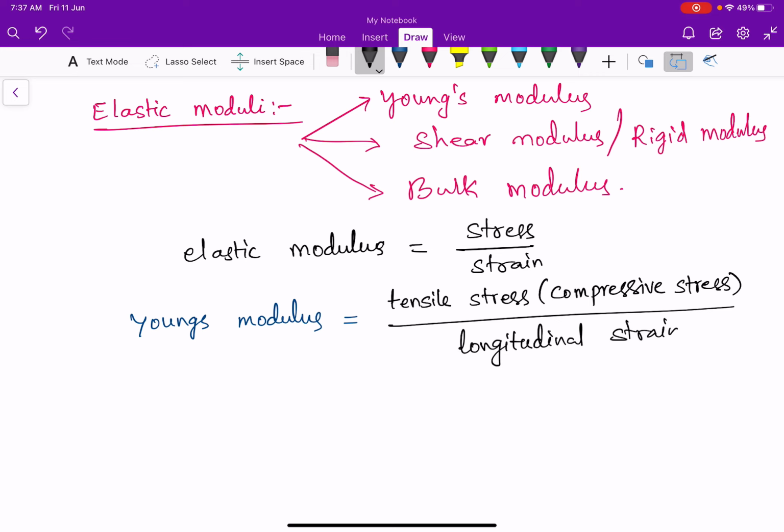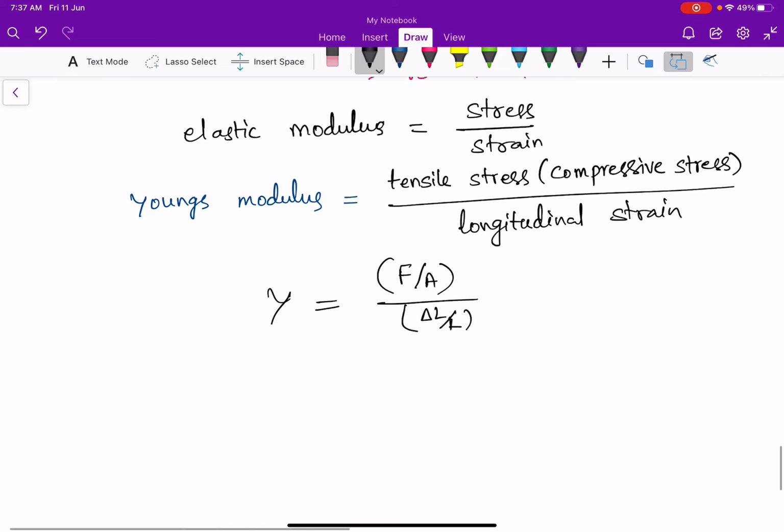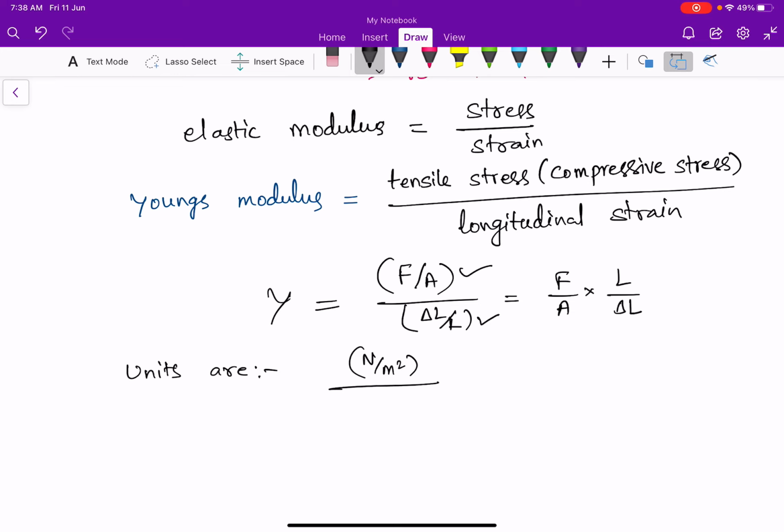Here Young's modulus is indicated with Y. Y is equal to tensile stress, that is force per unit area, divided by longitudinal strain, which is delta L by L. So that is force per unit area times L divided by delta L. The units are Newton per meter square, divided by no units for change in length by original length.